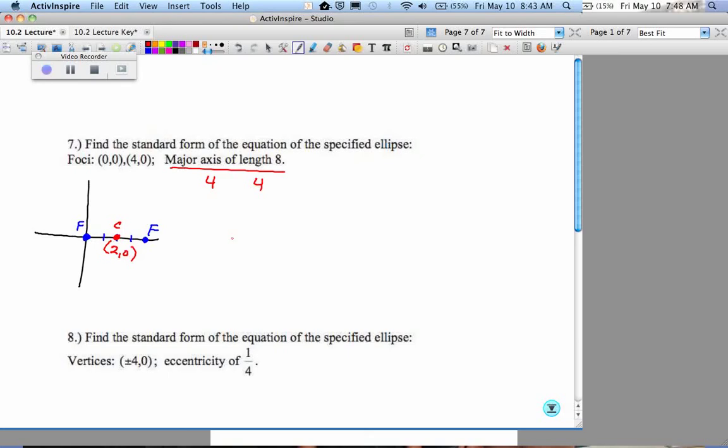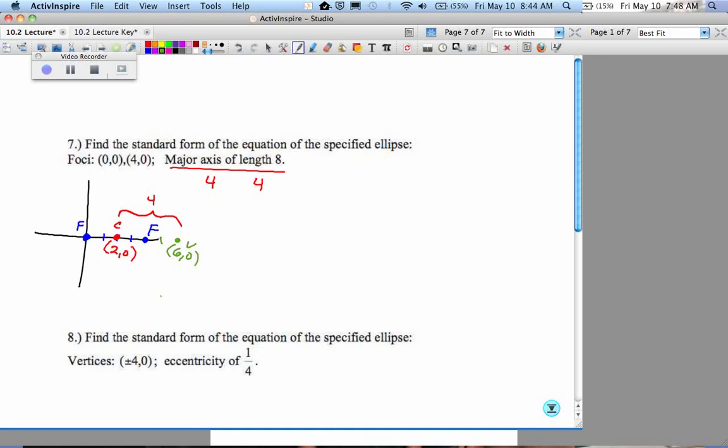So I have to go from the center 4 more, so I can go 1, 2, 3, 4. This vertex is at 6, 0. Not that I need to know where that is, but visually you can tell that it's 4 to the right, 4 to the left.